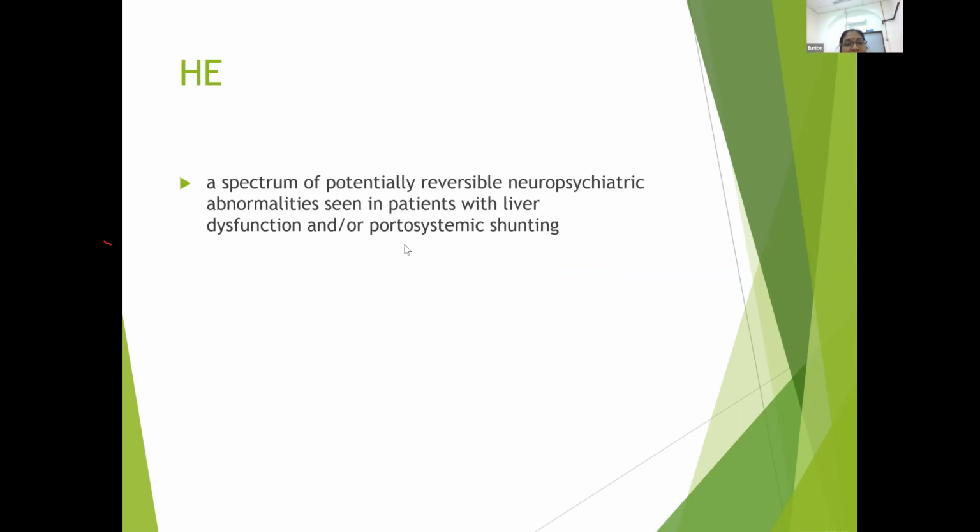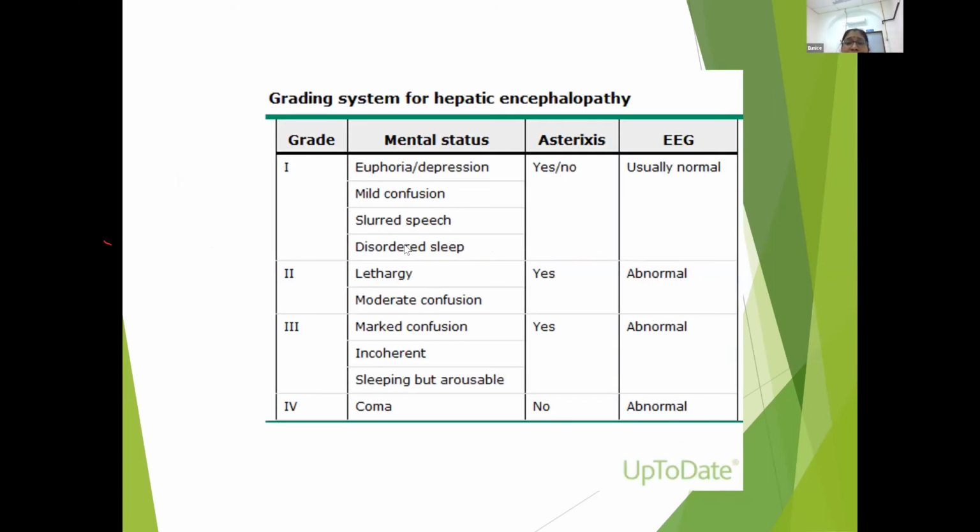Hepatic encephalopathy is a spectrum of potentially reversible neuropsychiatric abnormalities seen in patients with liver dysfunction and portosystemic shunting. Okay, this is taken from UpToDate. There are 4 grades: grade 1, 2, 3, 4, and asterixis is present in grade 2 and after.